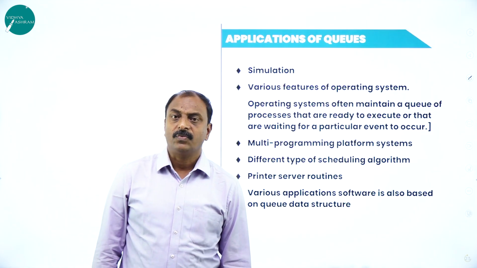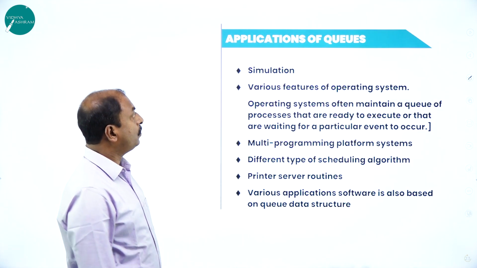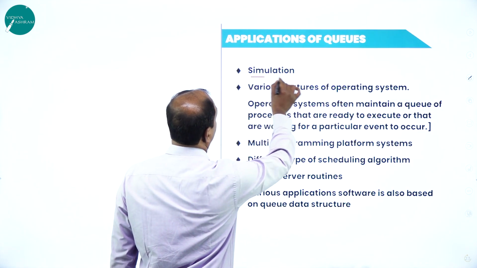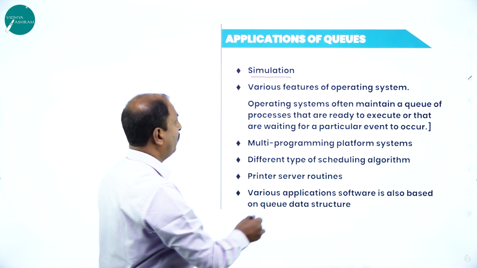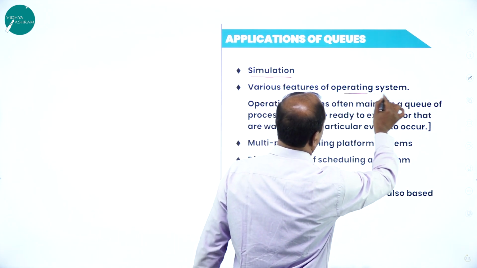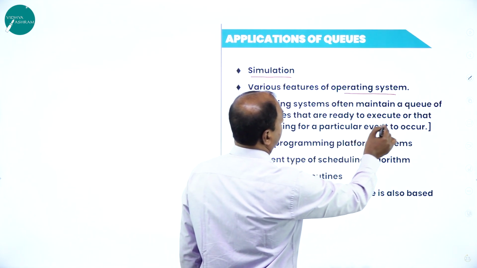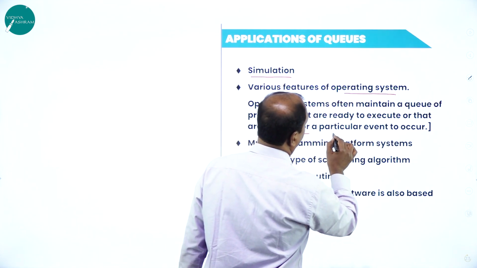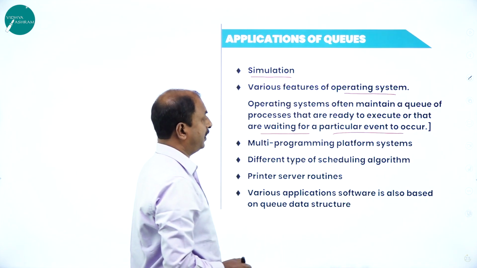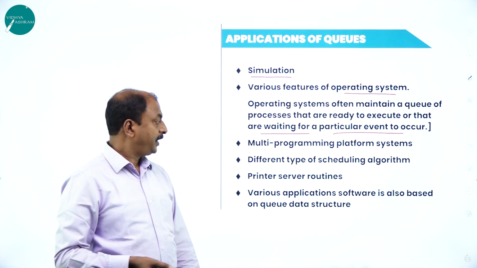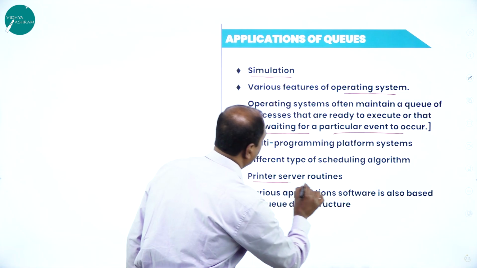Now let us see the different applications of a queue. One is simulation. Next is various features of the operating system, which may include processes waiting for a particular event to occur. A very simple example is your printer server routine.